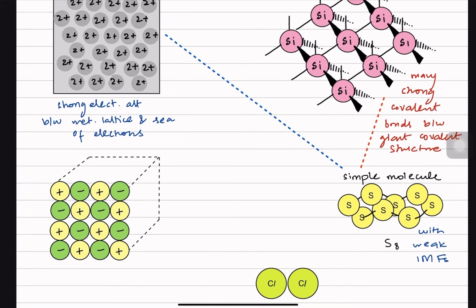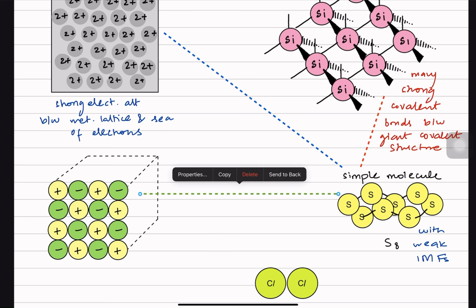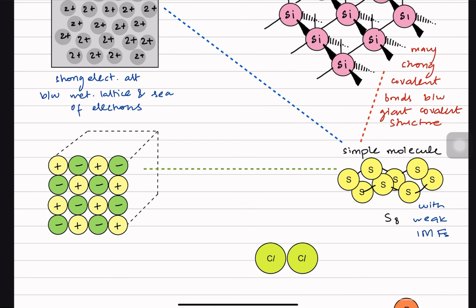If I were drawing a comparison between a giant ionic lattice and a simple molecule, I will very clearly say strong electrostatic attraction between opposite ions in the giant ionic lattice.